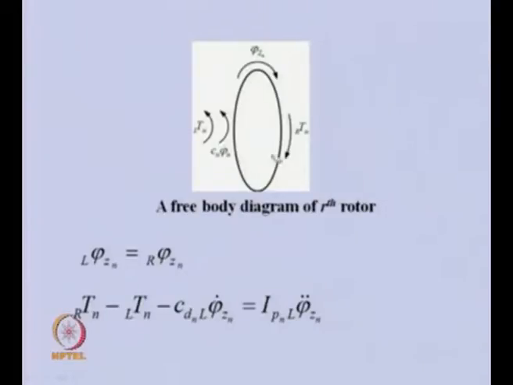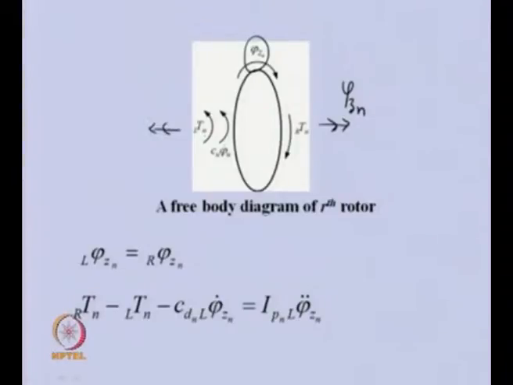So this is one particular disc, the nth disc, and let us say this particular direction is the positive direction for the angular displacement, this particular displacement which we have written here, and we will be having some kind of reaction at either end of the disc from the shaft.